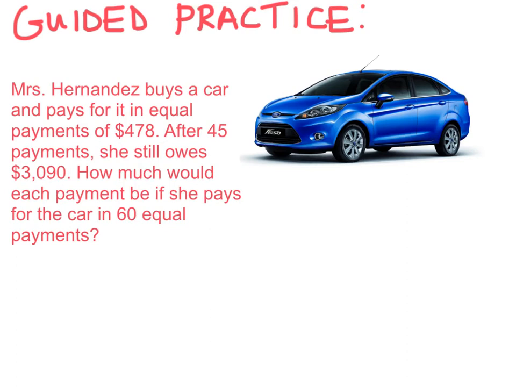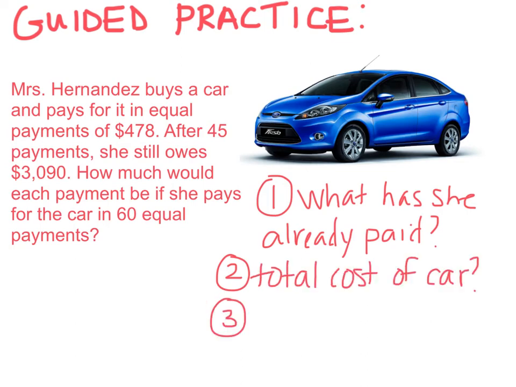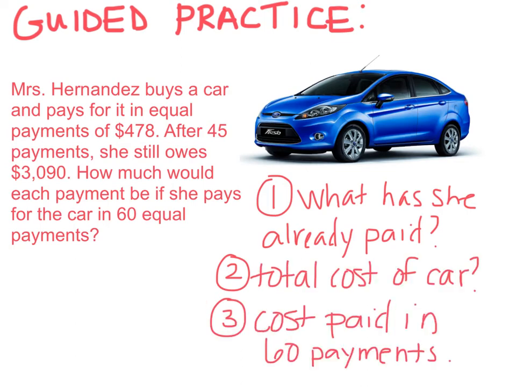You need to calculate 3 things here. First, what has she already paid for the car? Second, what was the total cost of the car to begin with? And finally, you'll need to calculate the price of each payment if she pays 60 payments for the full price of the vehicle. Good luck and have fun.